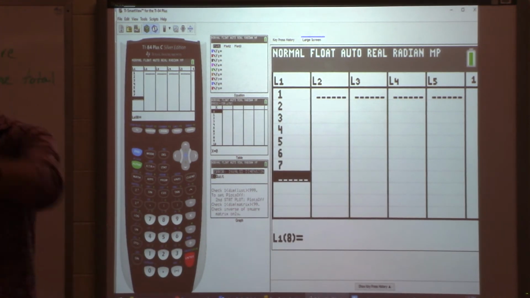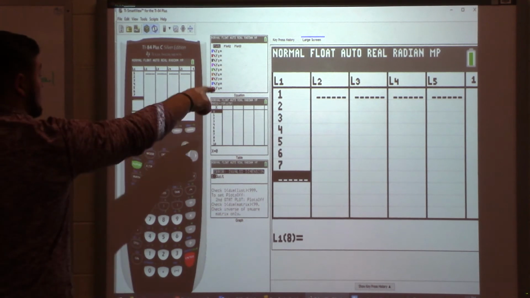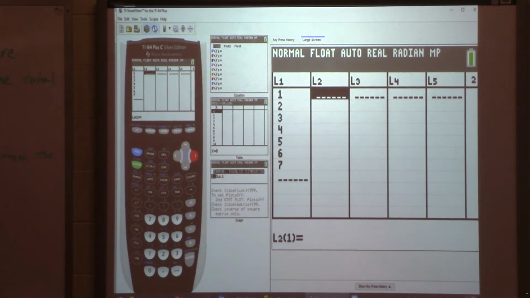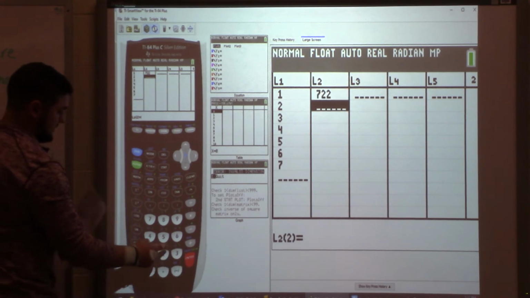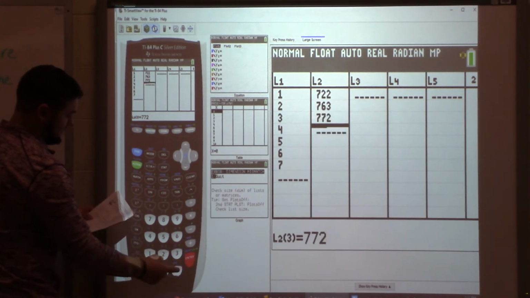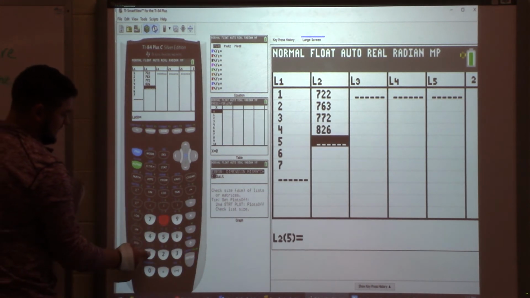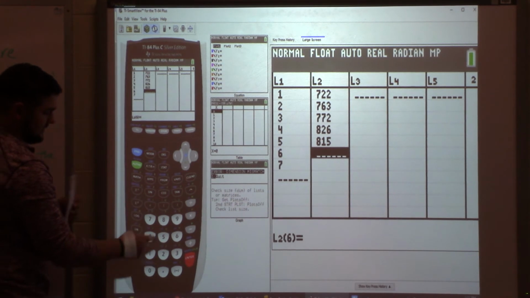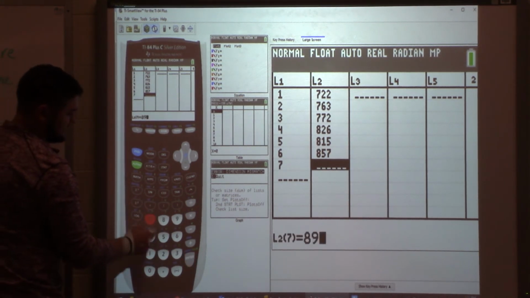Those are all your x values from this problem we just did, the same football problem. And all my y values are going to go into list 2. So it's going to be 722, enter, 763, enter, 772, enter, 826, enter, 815, enter, 857, enter, and 897, enter.